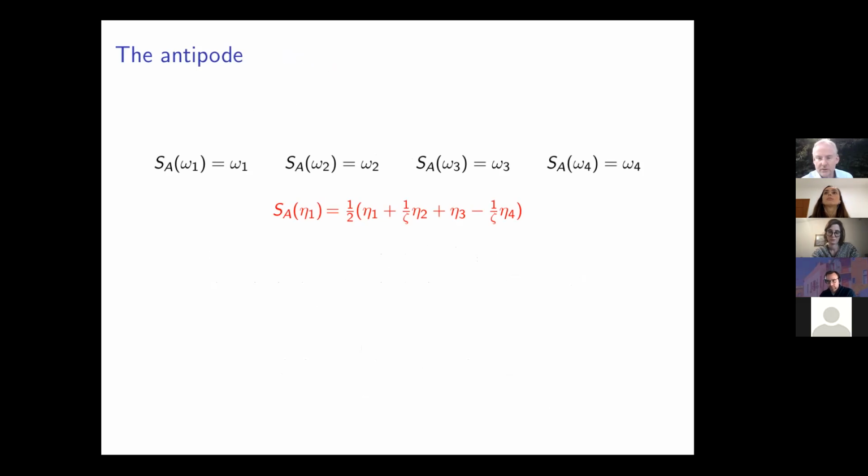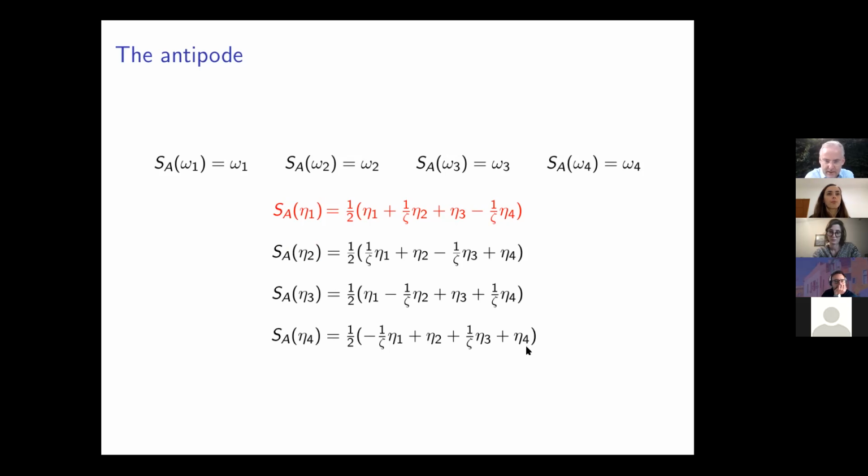It is usually not the case that the value of the antipode on a group-like element, which is the inverse of this group-like element, is again group-like. As you see here, it's a linear combination of four different group-like elements, so it's not group-like itself. And then the other ones have a similar form. You can compute them from here.